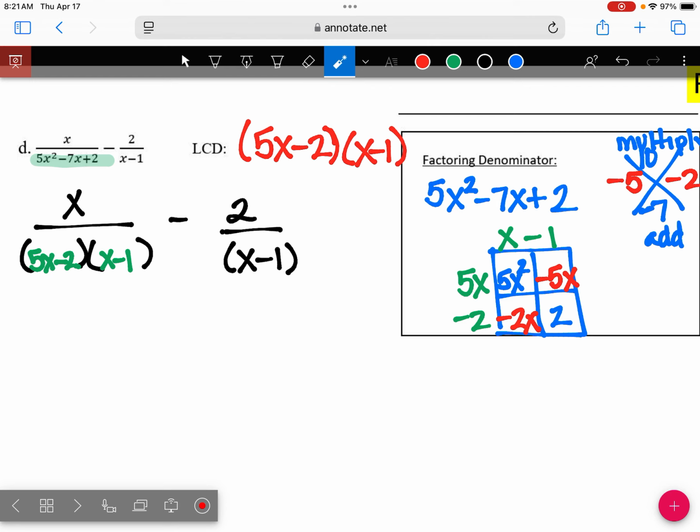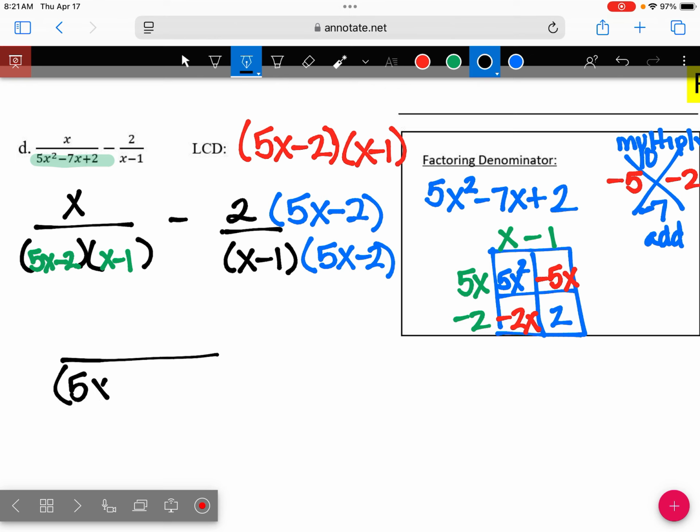What am I missing on my second fraction? The 5x -2. So we're going to multiply only that second fraction by 5x -2. When you figure out which one you're multiplying, you'll only have to multiply one.